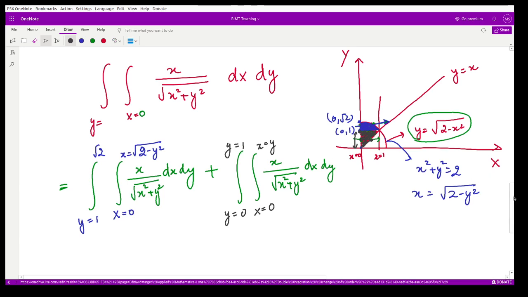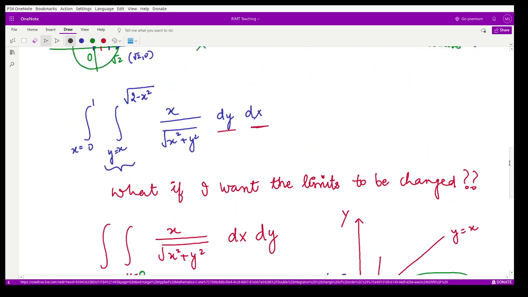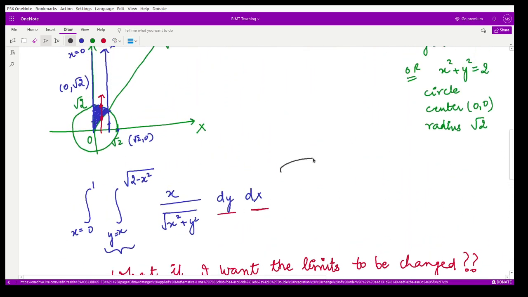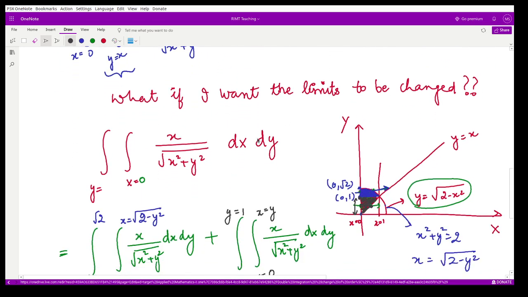Now what was the need to do that? Now you would say, I could very easily solve this one integral. So why do I go on changing the limits first? Why should I change the limits and then solve two integrals if I get the same answer?